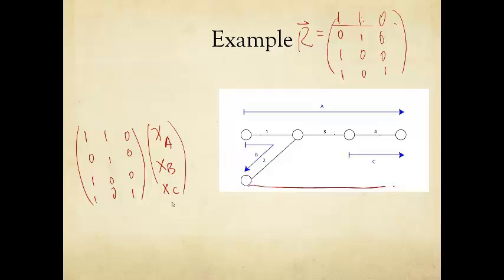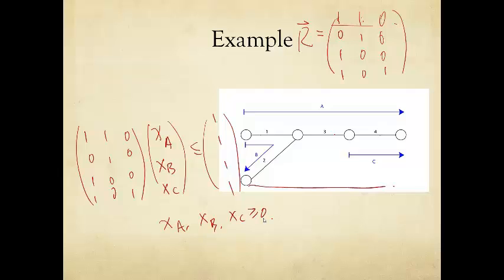Since we label them A, B, C, we call them XA, XB, XC, less than or equal to the 4x1 vector of link capacities. As mentioned before, we assume unit capacity on each link, 1 megabit per second. That's the constraint. And of course, we need all the XA, XB, XC to be non-negative, to be physically meaningful.